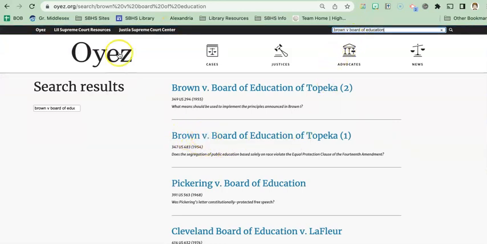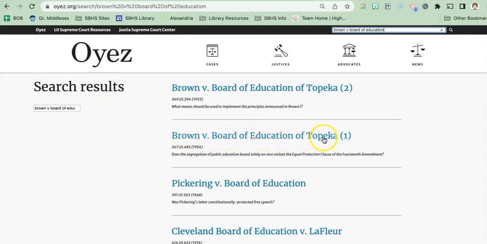Now here's what I like about OEA, and I want you to remember OEA is not just a website, it's really a database. It's just a free database that you're using online. Whenever you're using a database, you always want to make sure that you are thinking about, does this database help me to cite my source? So we're going to do this two different ways. First of all, let's find our case article. Here's Brown v.